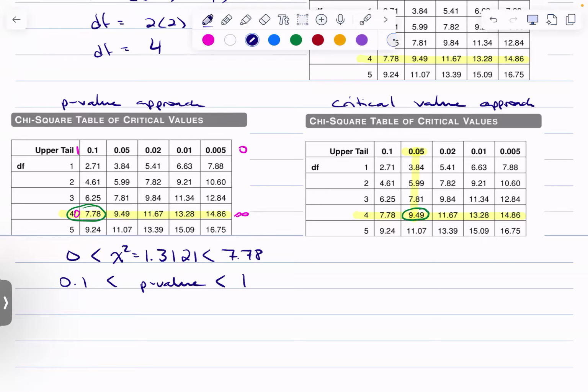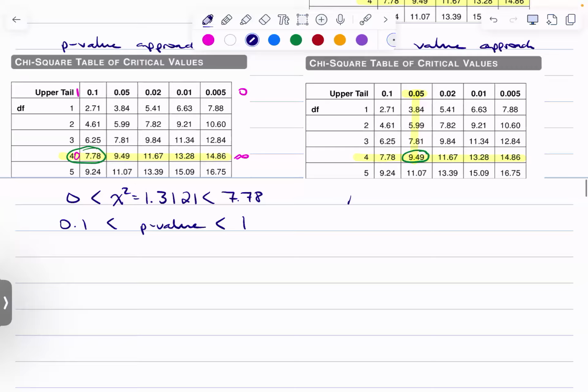And so here, at alpha equal to 0.05, the chi-squared critical is 9.49.